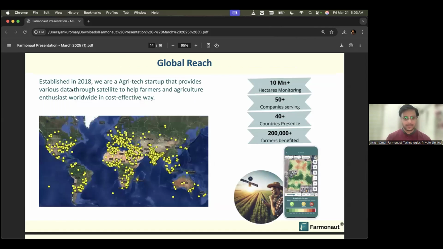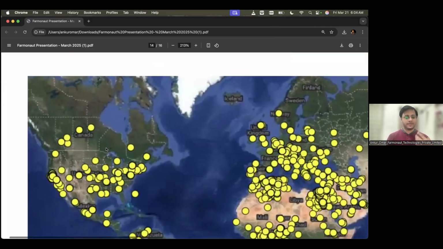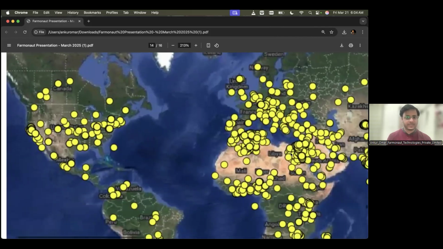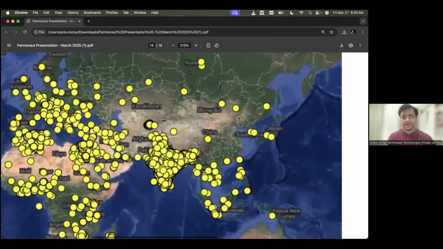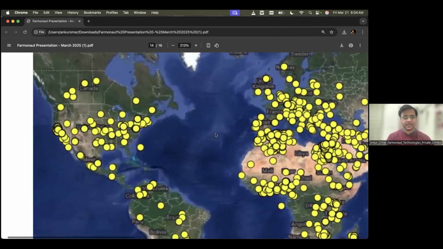So this is an actual, real, current farm map wherein these yellow dots are the locations where the farms which are getting data from Farmonaut exist, and you can see that currently they are in so many countries, and it's increasing day by day because our presence is increasing pretty rapidly.